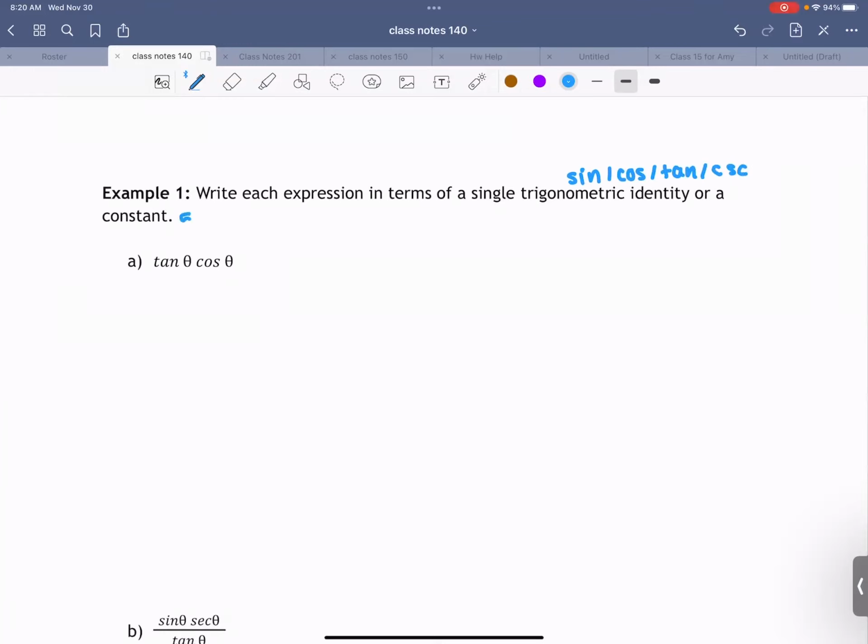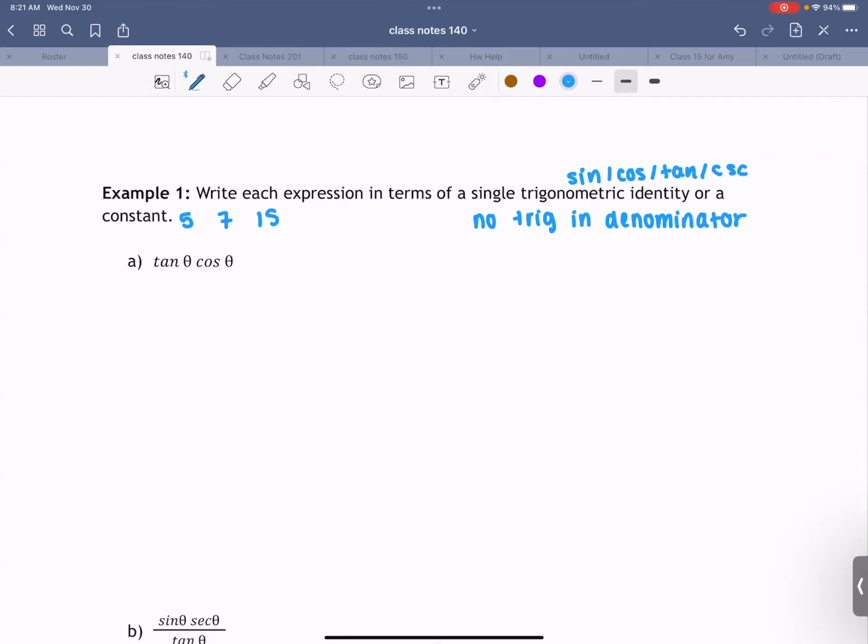Or it could be like 5, 7, 15, something like that. Okay. Another thing in this example is we don't want trig identities in the denominator. Okay, so we don't want anything in the denominator. Okay, so that wouldn't be considered simplified either.